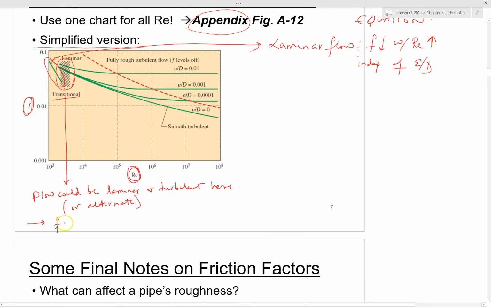And depending on that, your friction factor alternates too. The other thing is, data here is not reliable.